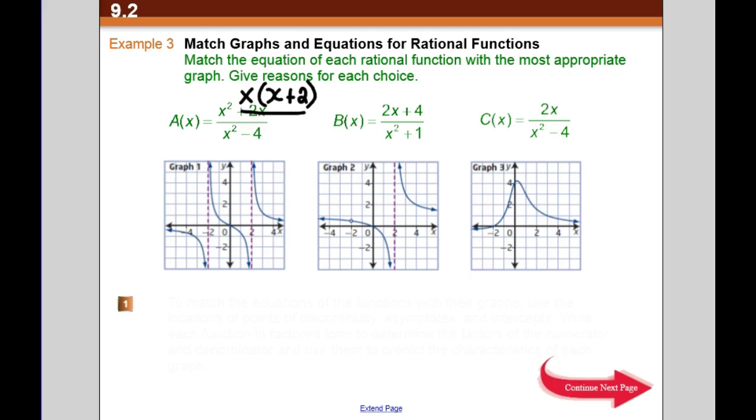And my bottom, how do I factor that? That is difference of squares. So x minus 2, x plus 2. Okay, so I could cross the x plus 2's off, and that gives me a point of discontinuity, right? So I would have a point at where?